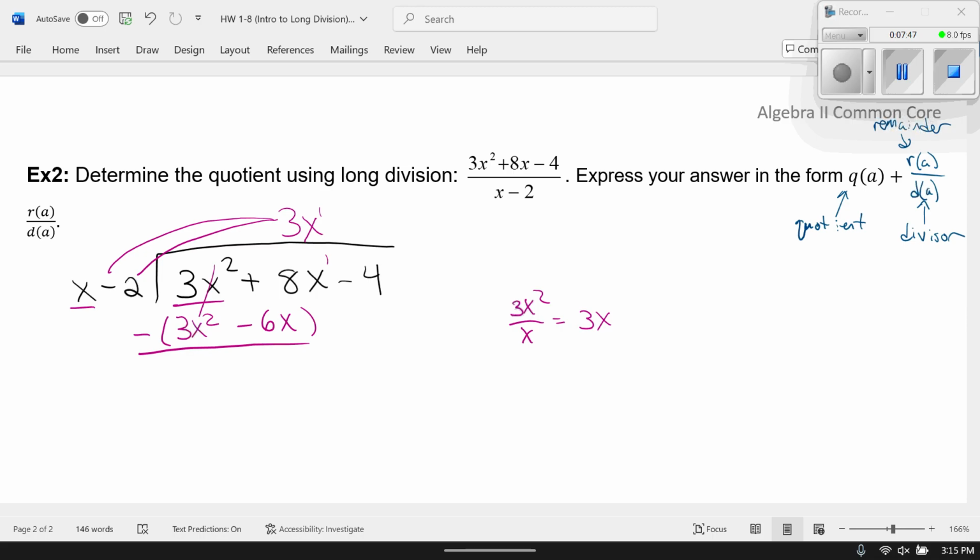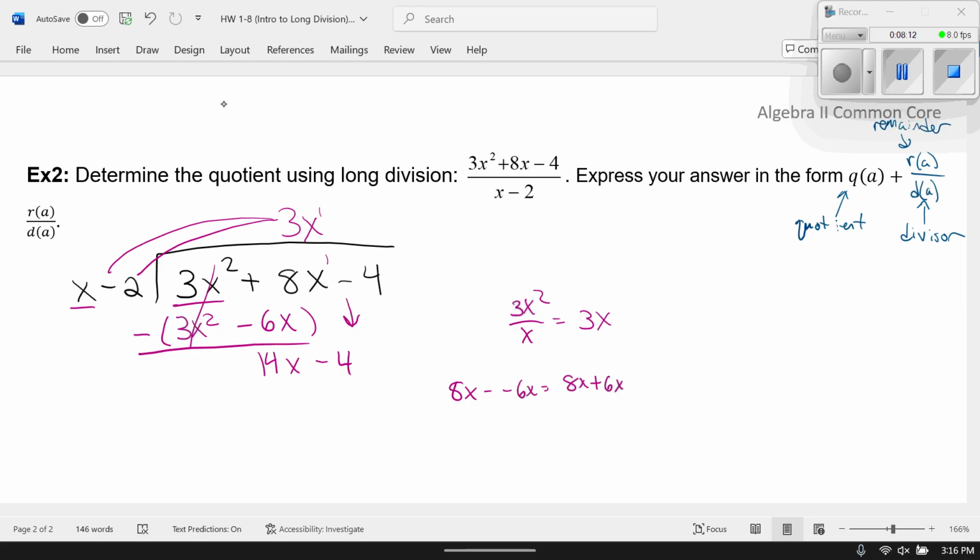They always should. 8 minus negative 6. That is a double negative. 8x minus negative 6x will be 8x plus 6x. So that is going to be 14x. And we're going to bring down the next term.